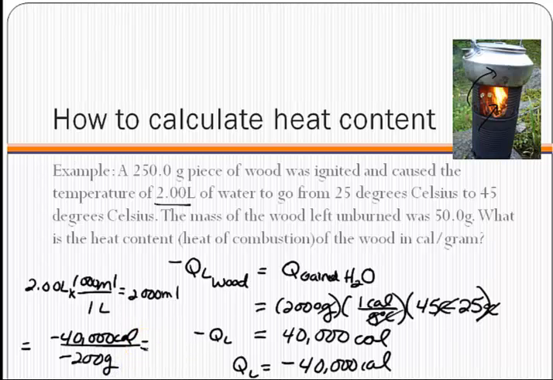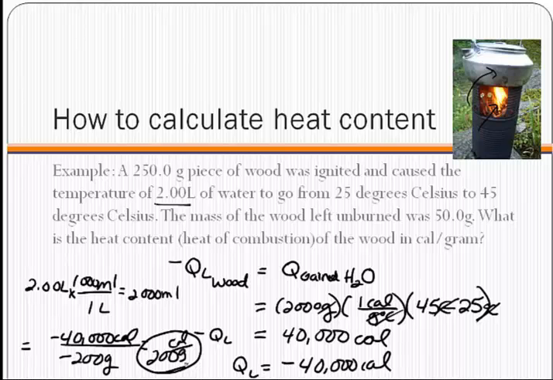Divide that out, so we have negative 40,000 divided by negative 200. And so that would be 200 calories per gram. So what does this mean? It means that in every gram of wood for this sample, there's 200 calories available to transfer.